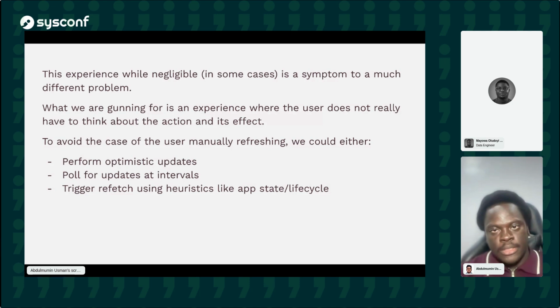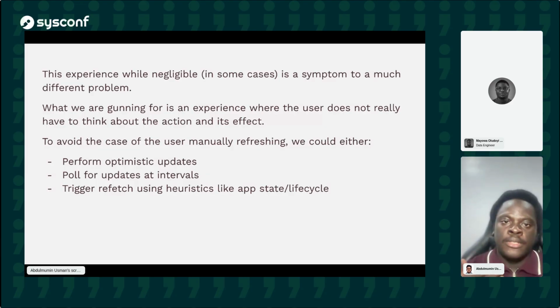So the user minimizes the app, maybe they go to another app like Twitter or WhatsApp, then they come back to the app, right? You can use that as an indication to refresh at this point.